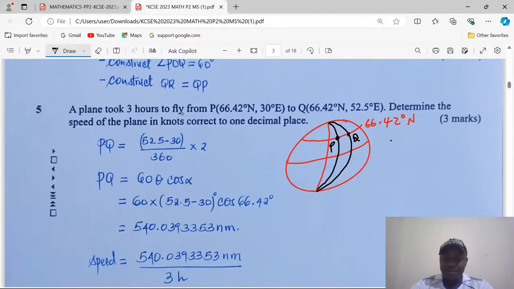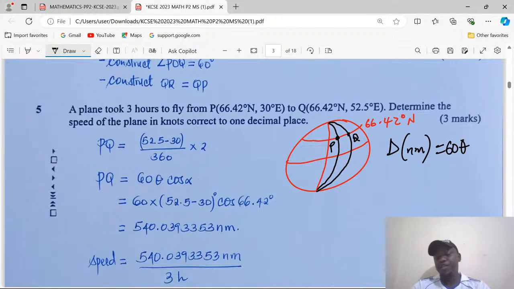The distance in nautical miles across a small circle is given by 60 multiplied by the angle difference between the two places, that is the longitude difference, then the cosine of the latitude where the two places are.